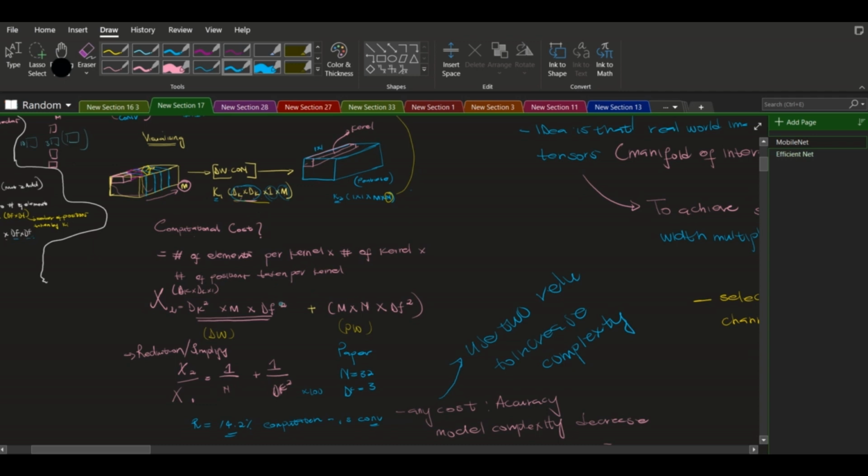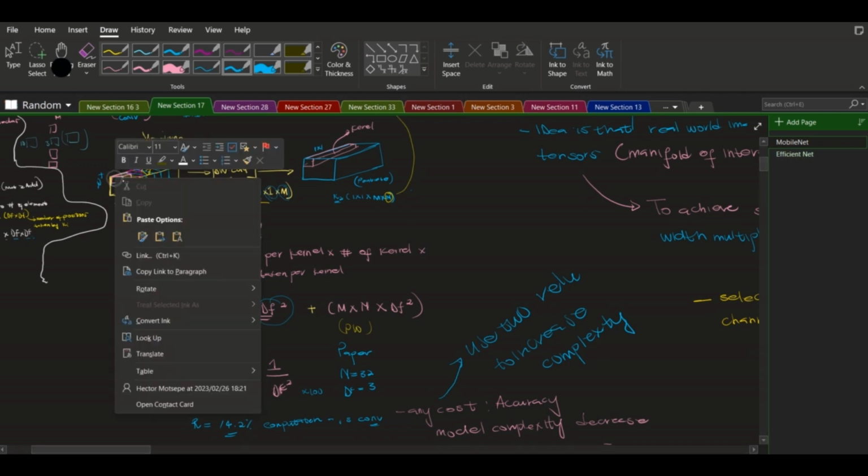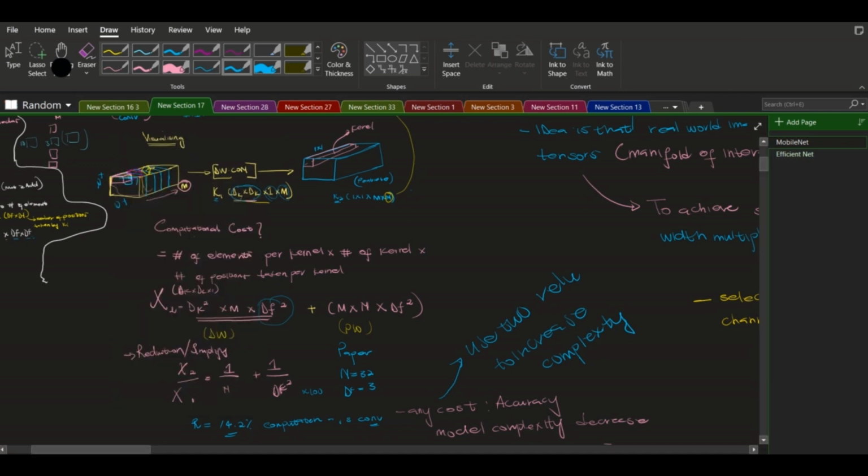Yes, because we remember that these kernels have to convolve the input, so we have Df squared also. This thing has to go through each pixel here, Df by Df. Okay, so this is the computation cost of the depthwise.